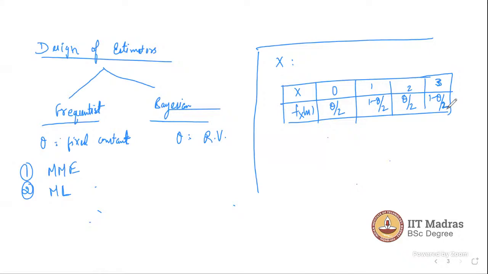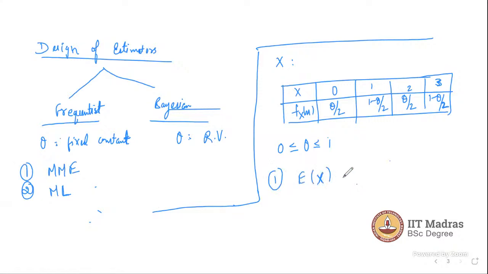If I have to find the method of moment estimator for theta, theta was given to lie between 0 and 1, because these are probabilities and should lie between 0 and 1. The first step is to find the expected value of x.